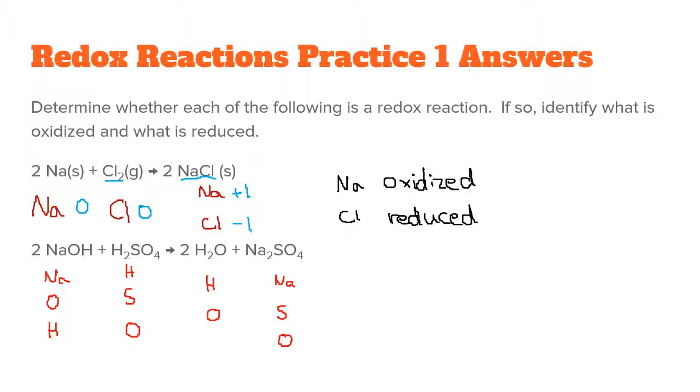Now, sodium hydroxide is an ionic compound. Sodium has a charge of +1. Oxygen and hydrogen follow the rules. Oxygen is -2. Hydrogen bonded to oxygen, which is a nonmetal, gives us +1. And in H2SO4, hydrogen is +1. Those are all nonmetals. Oxygen is -2.